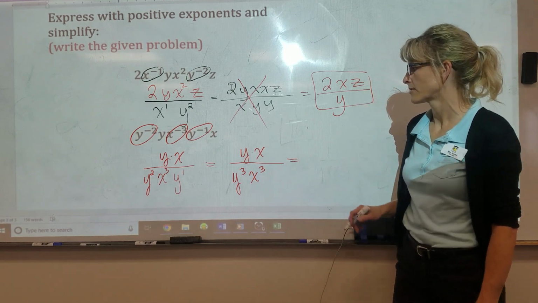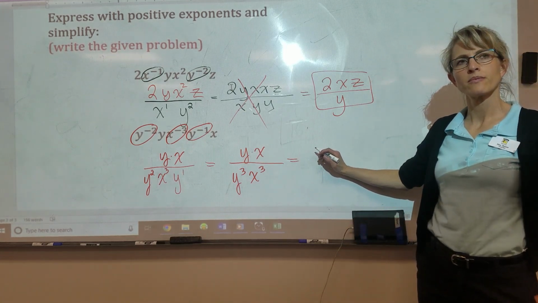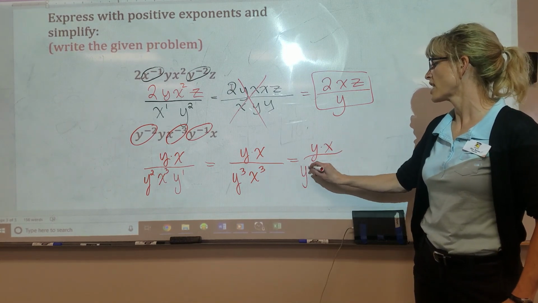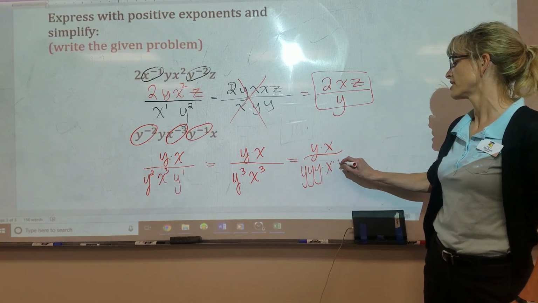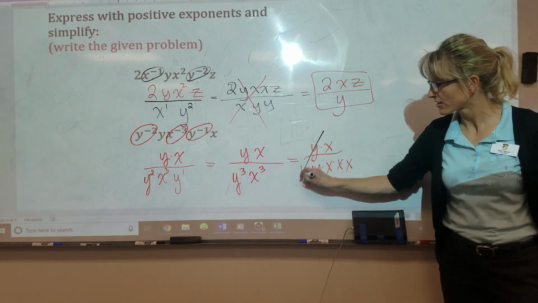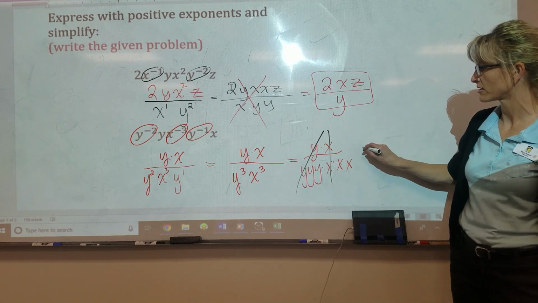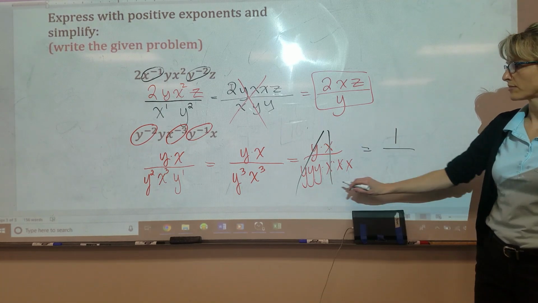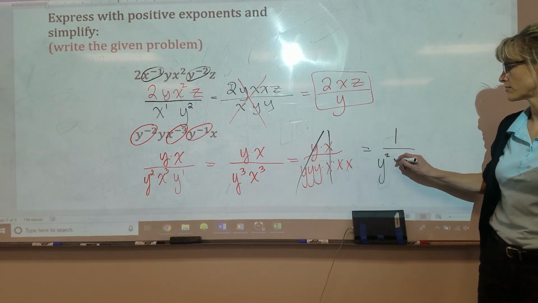Okay. And then you would write 3 y's and 3 x's on the bottom. So Y, Y, Y, X, X, X. And then you would cross out one of the y's and one of the x's. And then you have 1 on the top and y squared times x.